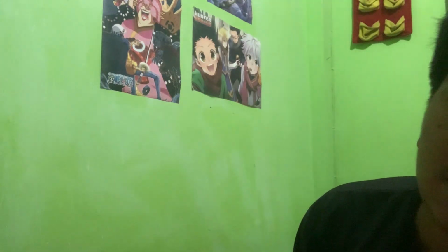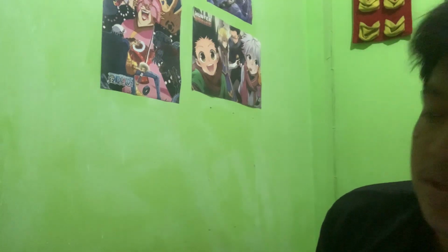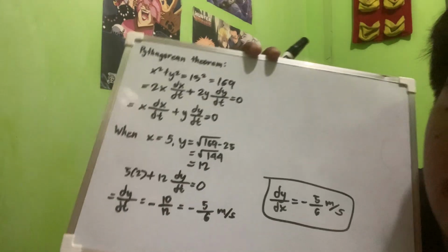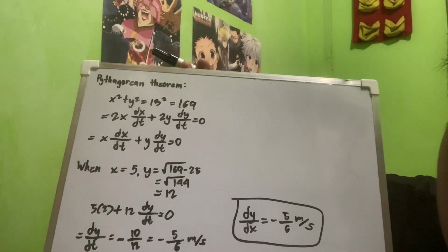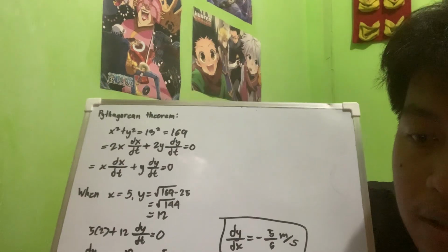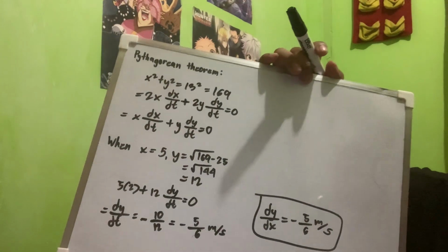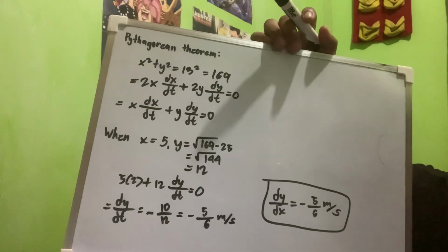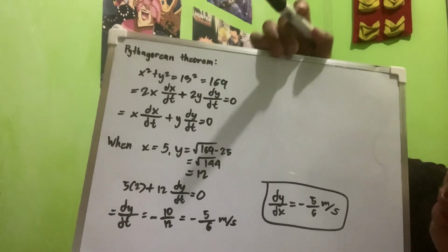Sixth problem, ladder sliding, use Pythagoras. So I already solved it and used Pythagoras. x squared plus y squared equals L squared. So first differentiate: 2x dx over dt plus 2y dy over dt equals 0.